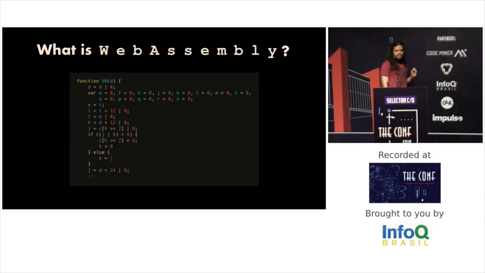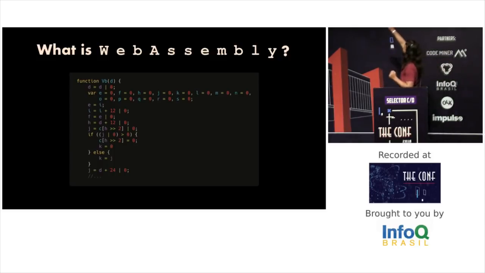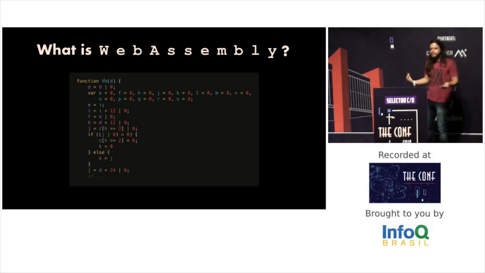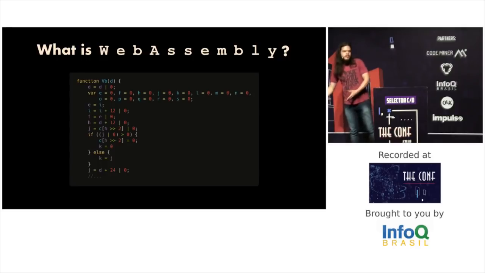So if you pay attention to this code, you will see that there are a lot of places where, for instance, you have I plus 12 bitwise or 0. So that seems like a very weird thing, especially because if you know about how bitwise operations work, anything or 0 is itself. So why is the reason that we do this?